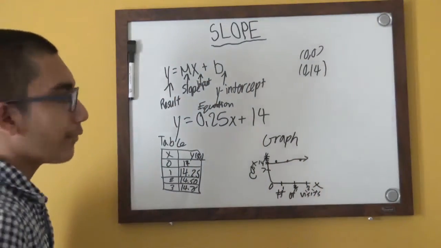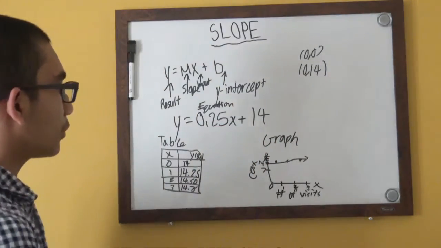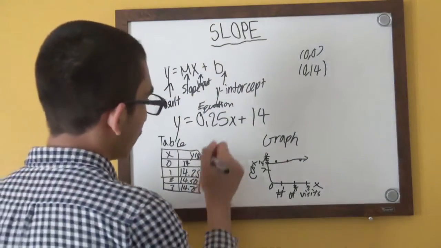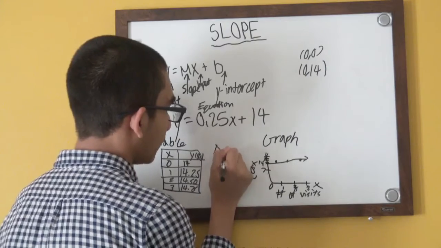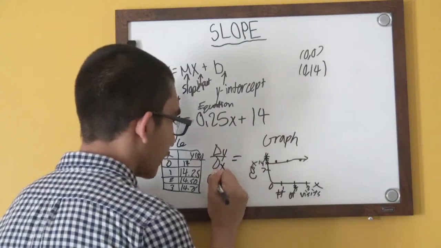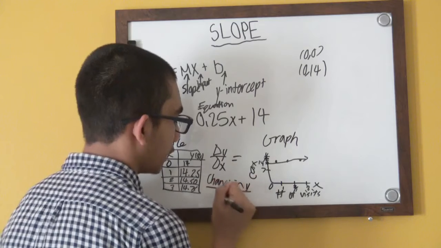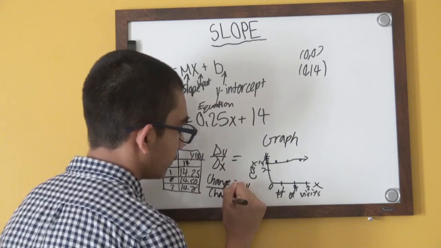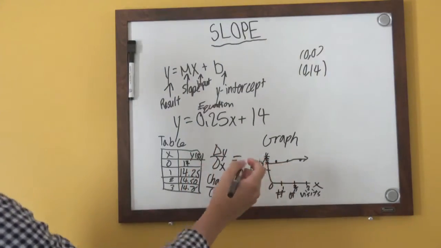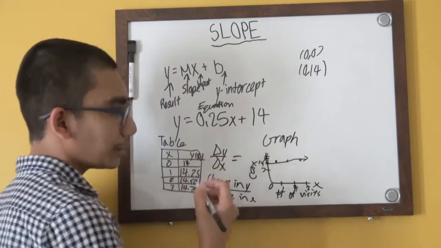So now we're going to talk about how to find slope in an equation like this, besides just seeing the 0.25. For example, if it's in a table format and they want you to find what m equals, which is the slope. So an equation for slope is delta y over delta x. Another way to put this is the change in y over the change in x. And a way to do this on a table format, I'm going to show the graph format later, is, for example, 14 and 14.25.